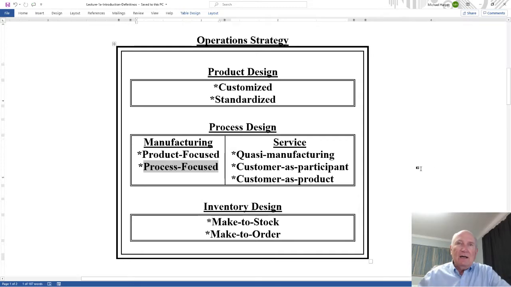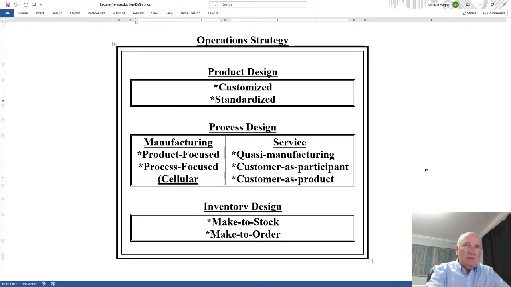Okay, and so these also can be combined. Well, in manufacturing, the combination is something called cellular manufacturing. Let me write it down here.